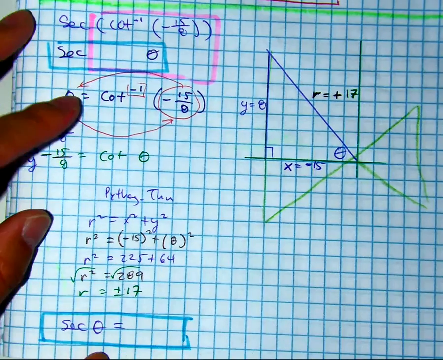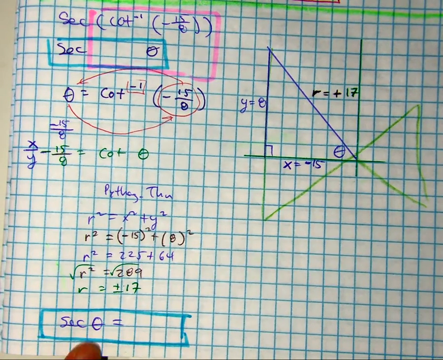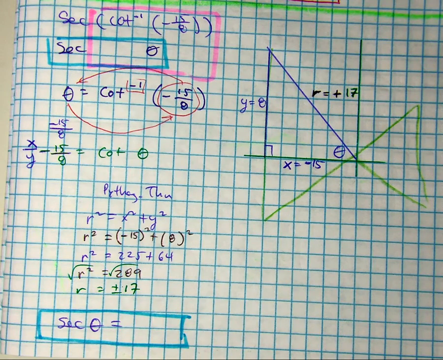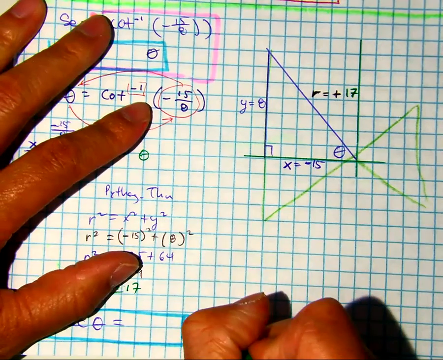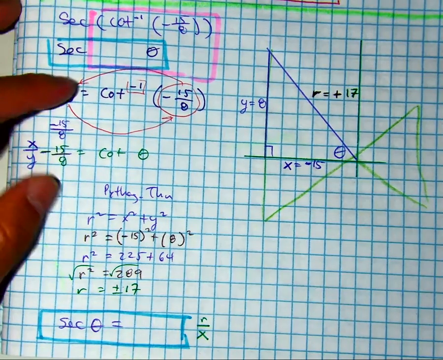Okay, we need to find secant. Partner A, whisper to partner B. Which letters is secant? Josh? R over X. So Josh, what is our R value?